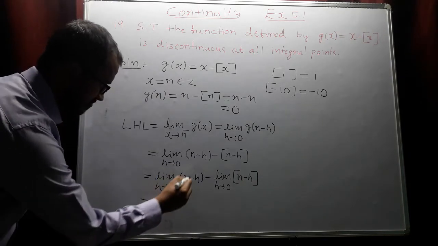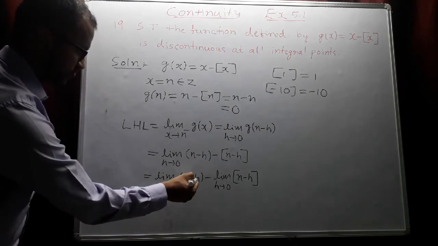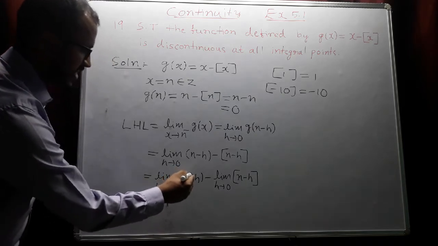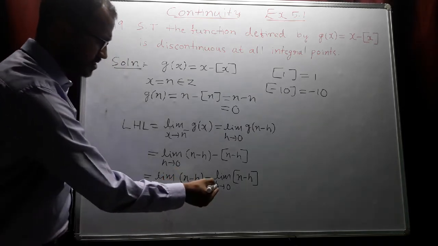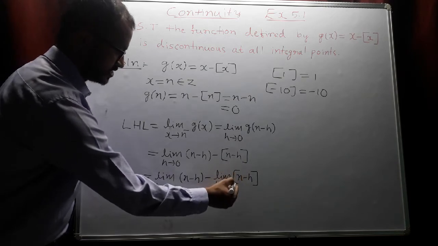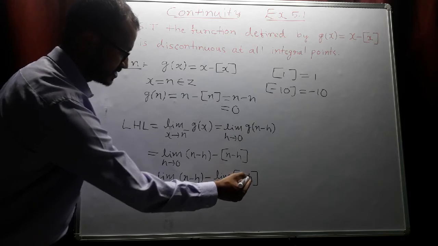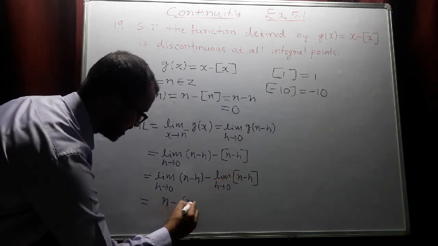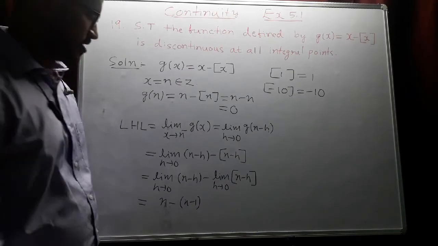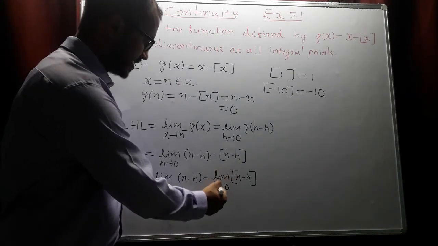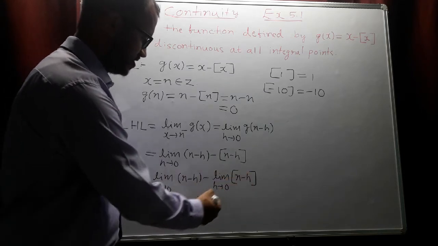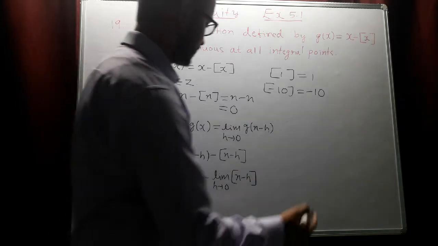As h tends to 0, if you replace h by 0, this value becomes n. And as h tends to 0, the value of greatest integer less than or equals to n minus h becomes n minus 1. See here, consider one example.